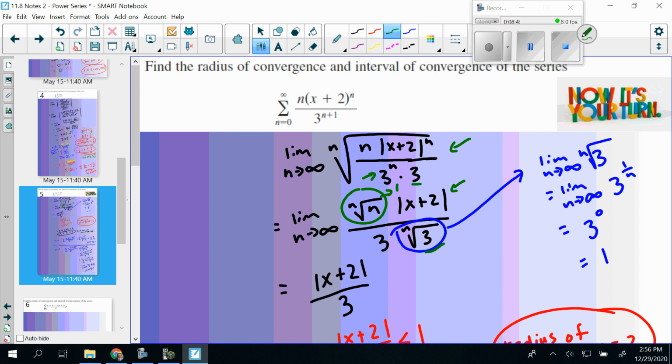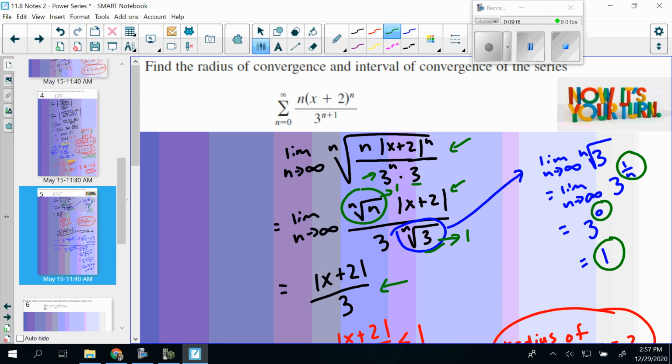Anytime you've got nth root of n, that goes to 1. This part I showed over here, if you do that limit, remember the nth root could also be written as 1 over n. And we know as we go to infinity that that's going to be 0. And so 3 to the 0 equals 1. So this whole thing's also going to go to 1. So that just leaves us with absolute value of x plus 2 over 3.